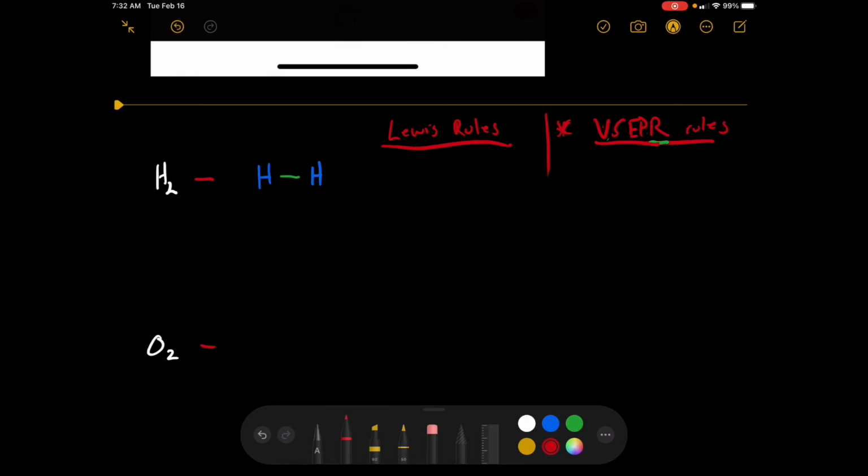When you're going to draw a Lewis structure, number 1, you identify your atoms, which ones, okay? Then you count their valence electrons. Then you draw a skeletal structure.